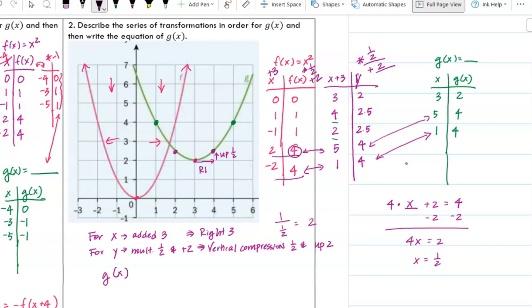So g of x, okay, what are the things that are being done to y? And with y, what you see is what you do. So you just drop it in. 1/2. Okay. By the way, if you do the counting method, it's going to give you the x multiplier.